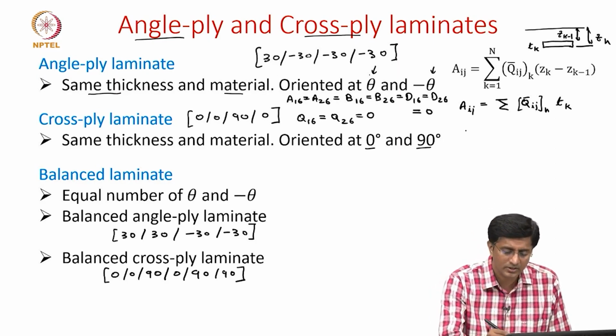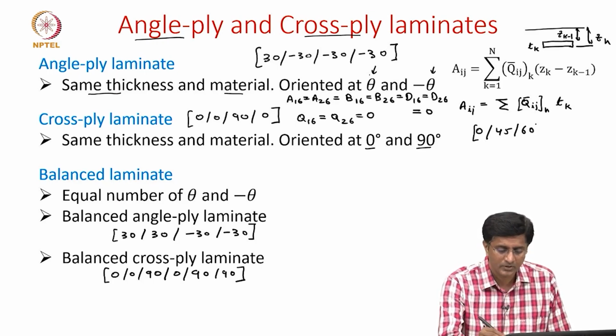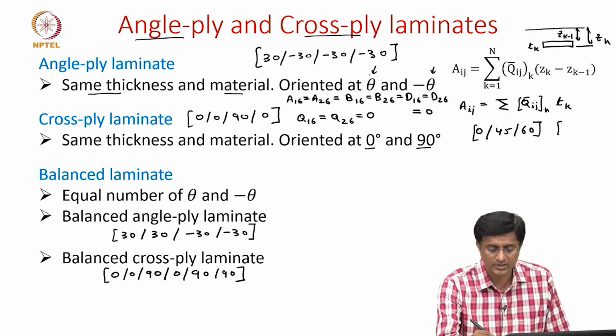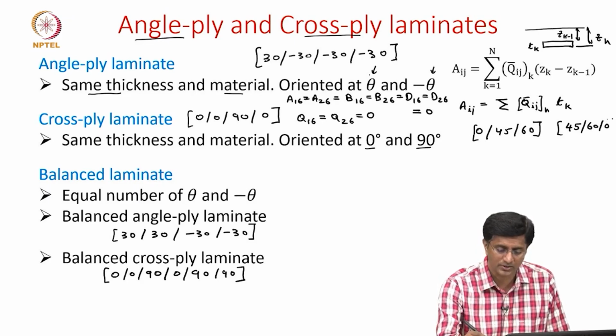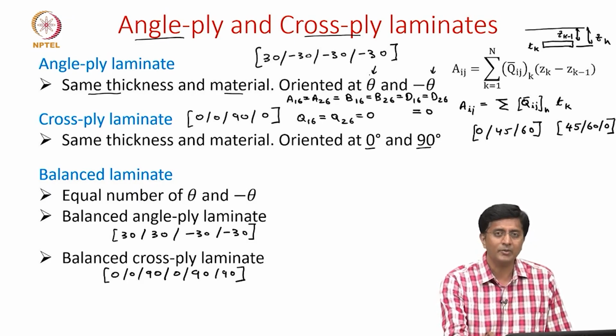Let's say there are 3 layers: 0, 45, 60. This versus another laminate which has the same 3 layers in a different sequence: 45, 60 and 0. Now the question is, will these two laminates have the same A matrix?